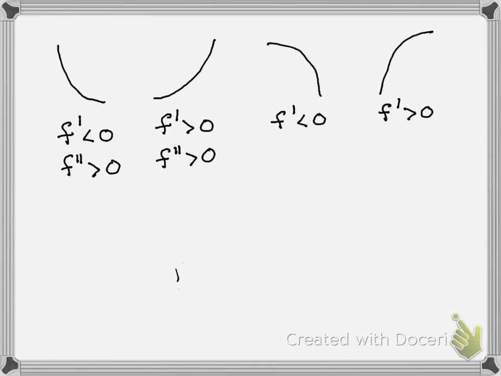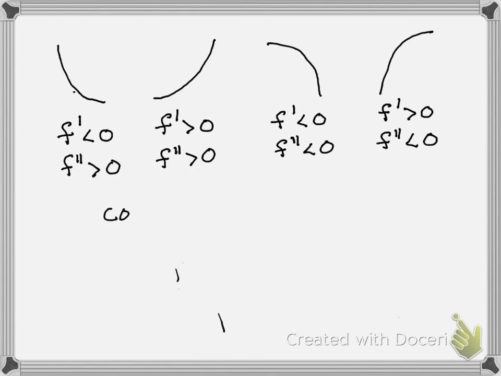So here we had negative slopes on the left, negative slopes increasing, on the right positive slopes increasing. In the third case we have negative slopes that are decreasing, and in the last case we have positive slopes that are decreasing.